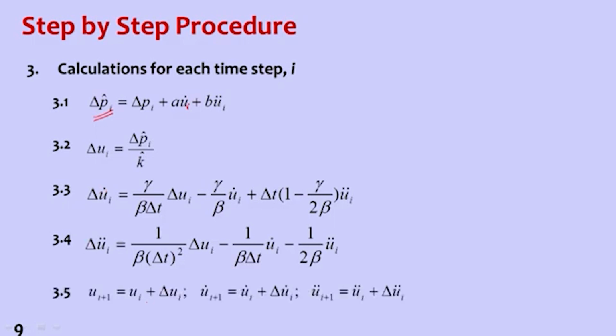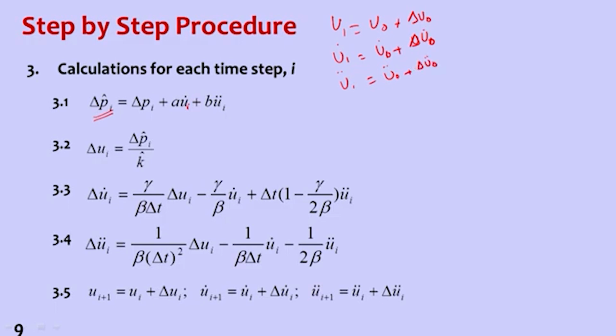So, we want to find out displacement. Displacement u1 is equal to displacement at 0 plus delta u at 0. Like this, velocity at 1 is equal to velocity at 0 plus delta velocity at 0. Acceleration at 1 is equal to acceleration at 0 plus delta acceleration at 0.